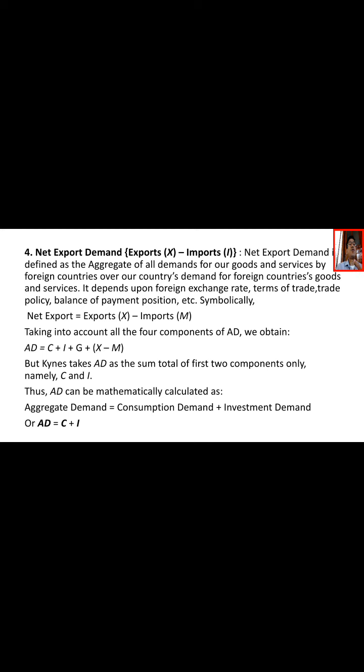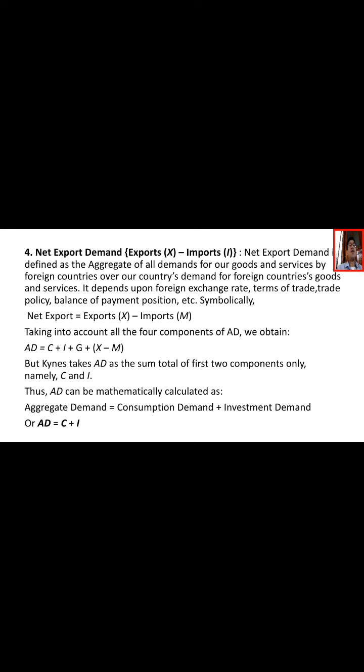It depends upon foreign exchange rate, terms of trade, trade policy, balance of payment position, etc. Net export is given symbolically by export minus import.